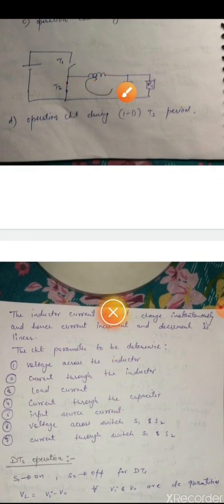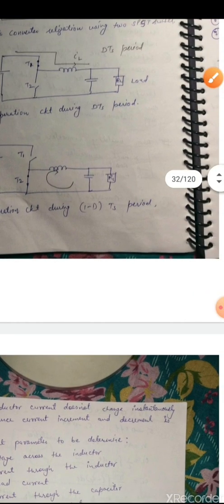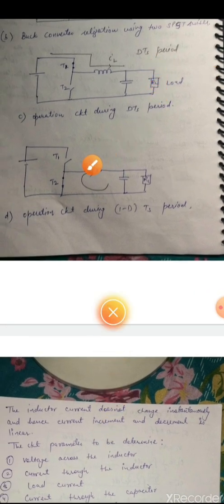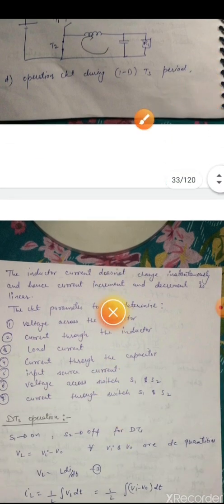The circuit parameters to be determined are the voltage across the inductor, current through the inductor, and load current. This will be the current through the inductor, this will be the current flowing through the load. This is the voltage across the inductor, and the current through the capacitor.